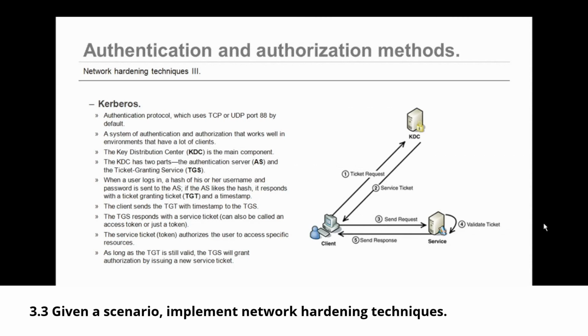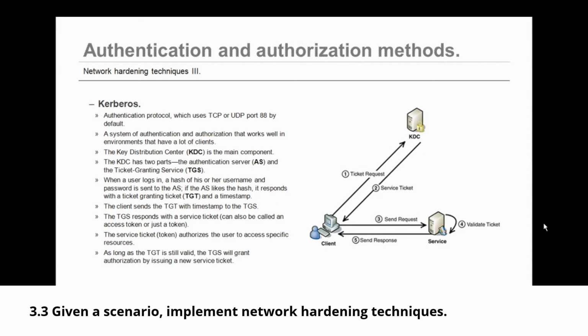Here's how it works. When a user logs in, a hashed value of his or her username and password is sent to the Authentication Server. If the AS likes the hash, it responds with a ticket granting ticket and a timestamp. So it will respond with a TGT that also has a timestamp. The client then sends the TGT with the timestamp to the Ticket Granting Service, the TGS.